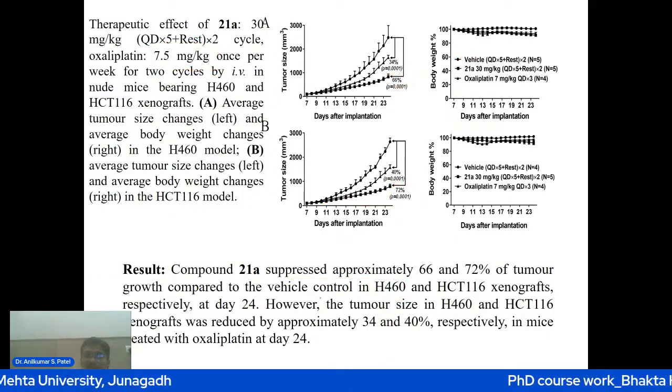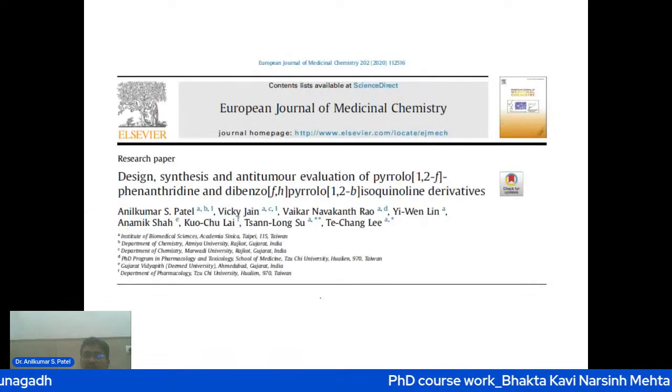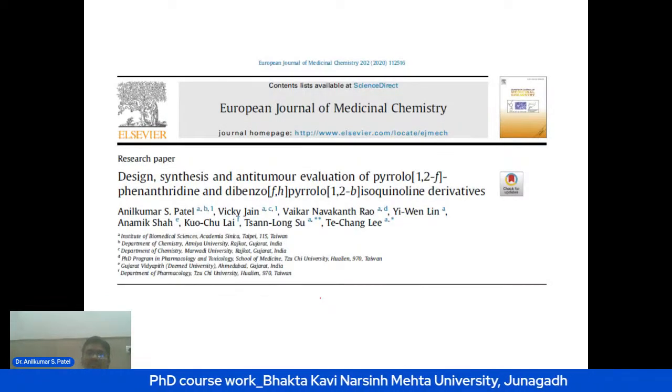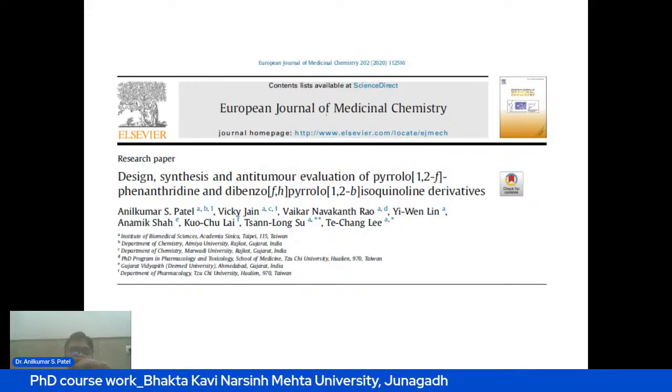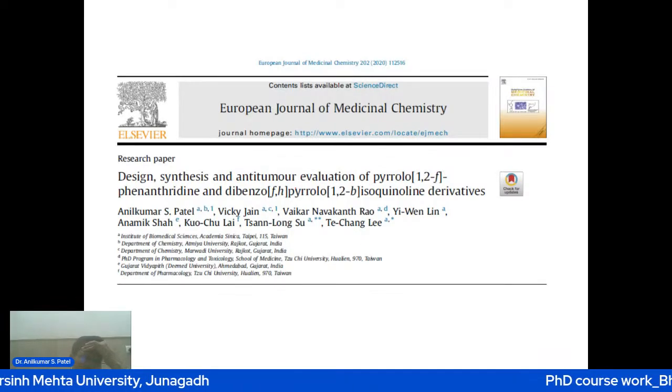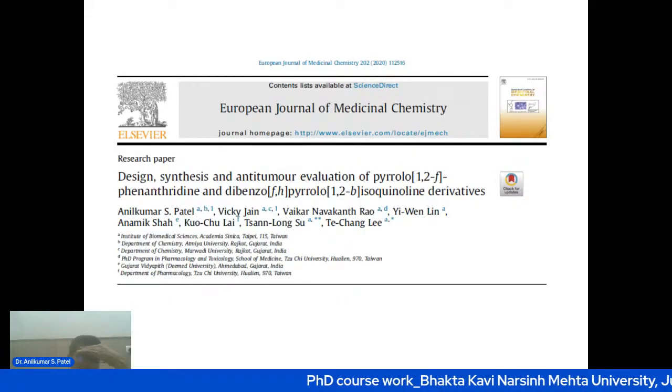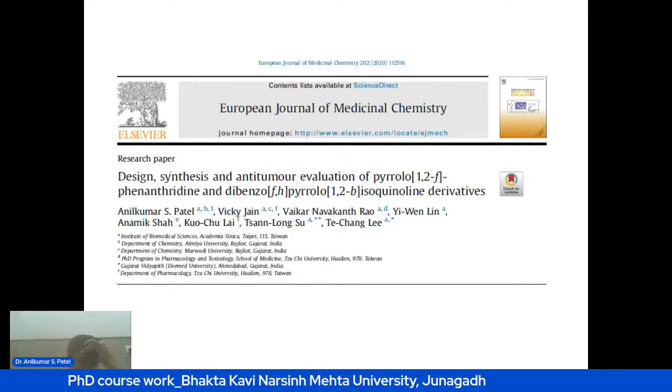We published this paper in the European Journal of Medicinal Chemistry in 2020. It shows how drug molecules are designed and how the desired activity can be achieved through a drug designing approach.